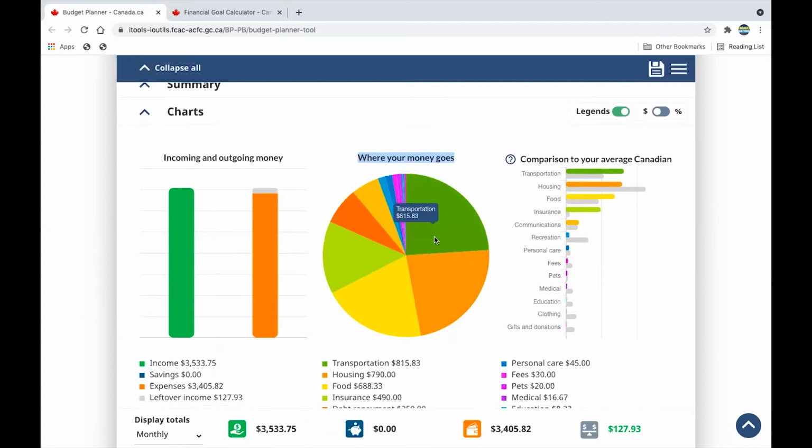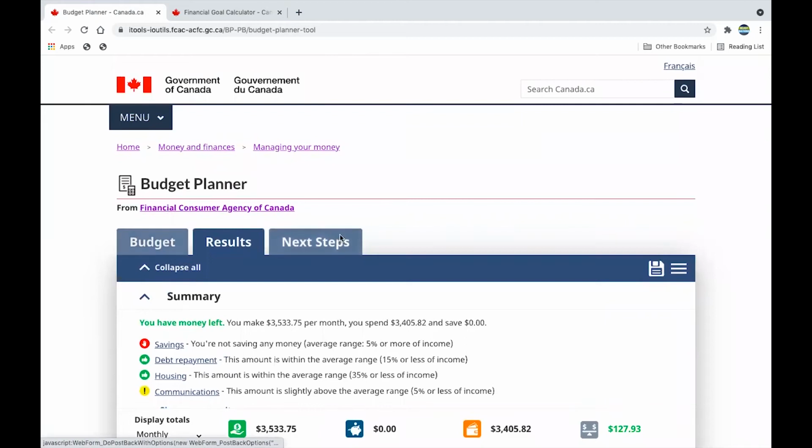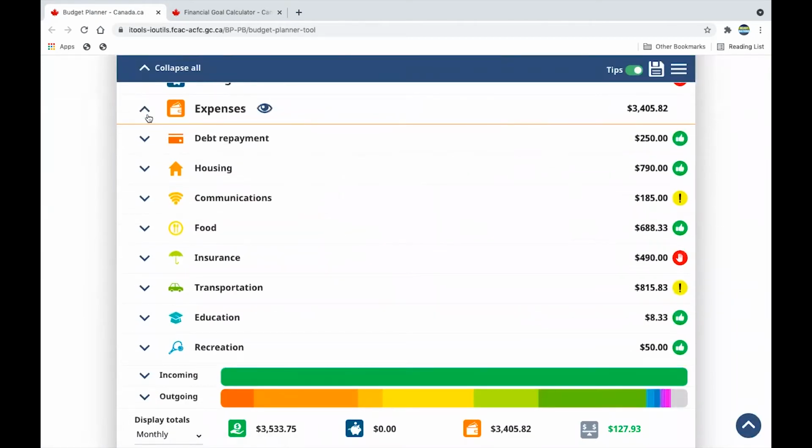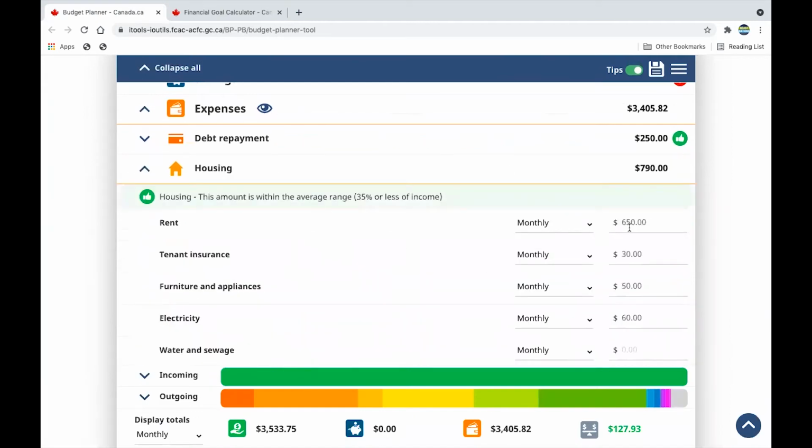So we looked into transportation, housing, food, insurance, etc. And we were able to make a little change on our expense column by reducing how much we were paying in rent. Initially, it was $1,100, and we talked about how you can maybe rent one of your rooms or move into a cheaper place to rent in order to save more money, in order to balance your budget.